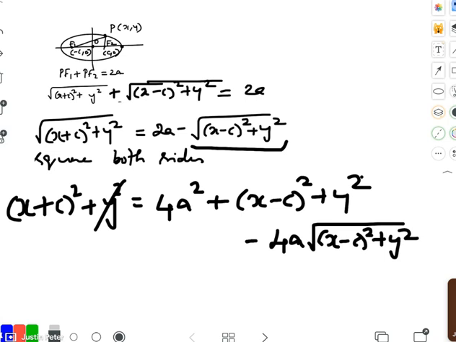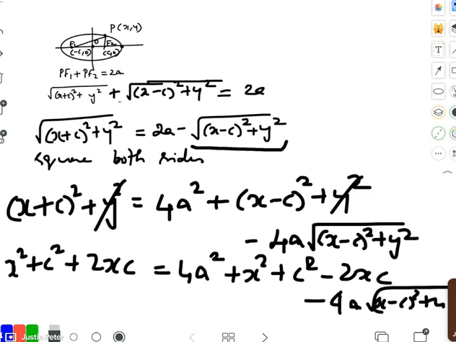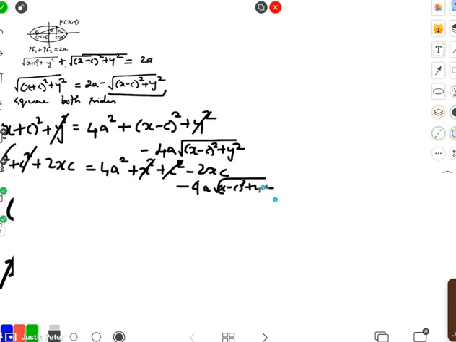So if you expand x plus c whole square, what will you get? x square plus 2xc is equal to 4a square plus x square plus c square minus 2xc minus 4a into root of this thing. Correct? Just cancel x square, c squares, 2xc.